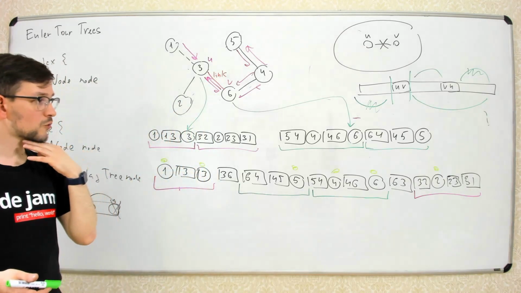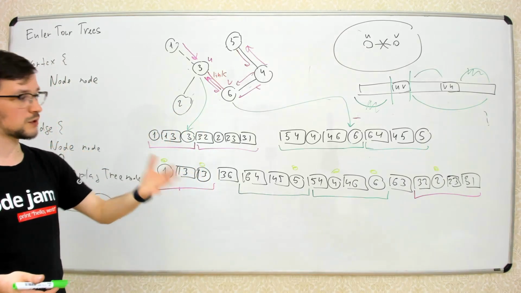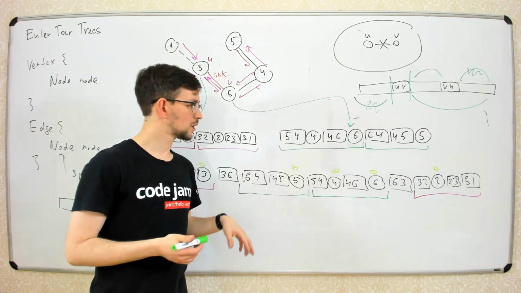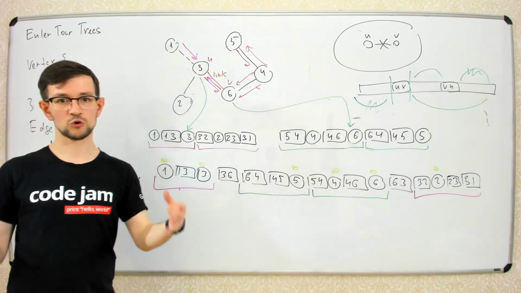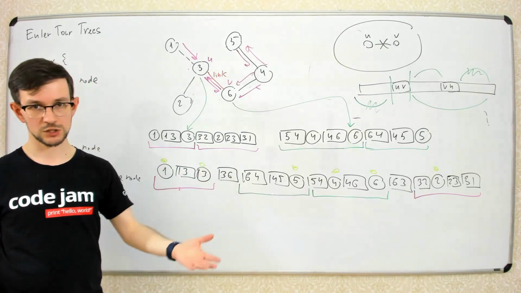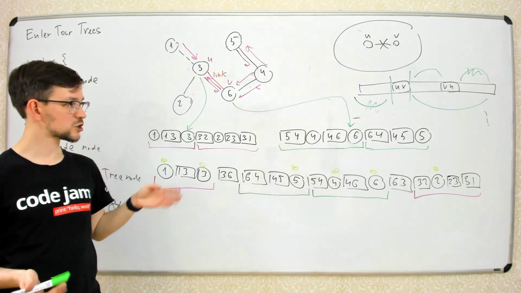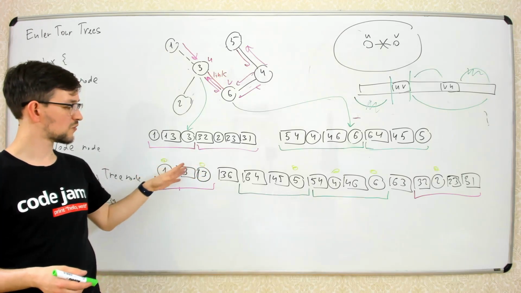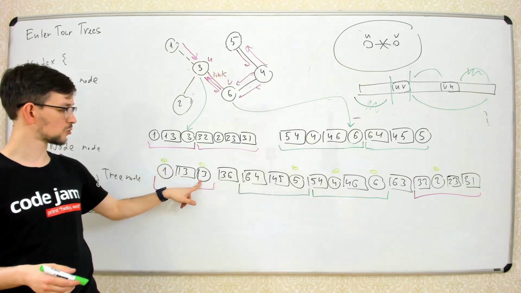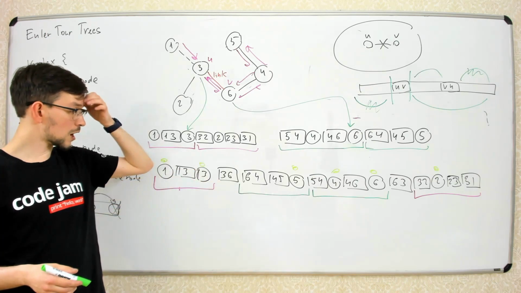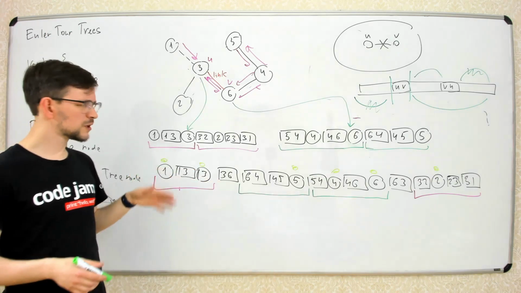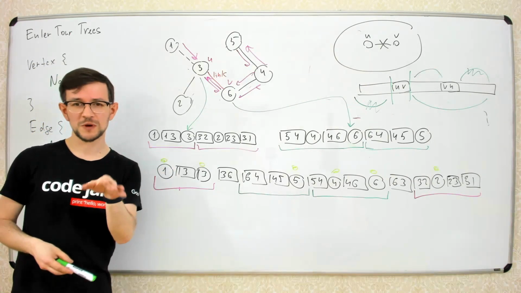If you want to calculate a function on some edges, then you do the opposite. Each edge contains some value, and then you use the same Splay tree to calculate the sum on all edges. The same way, just the implementation differs by whether you have values in these types of nodes or in these types of nodes. That's all. If you want to try to implement this, it's quite easy.